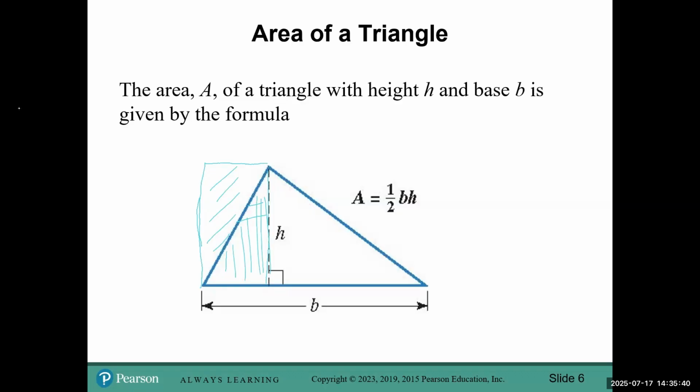And then the triangle over here that I'm going to make green, I could make a copy of it and tack it on over here. And now I have a rectangle that has dimensions base times height. And my triangle is only half of that rectangle because I made copies here.